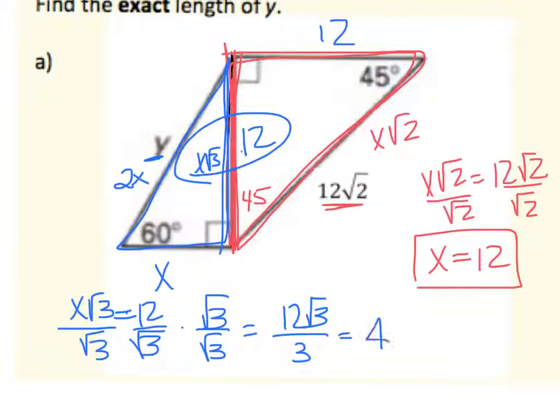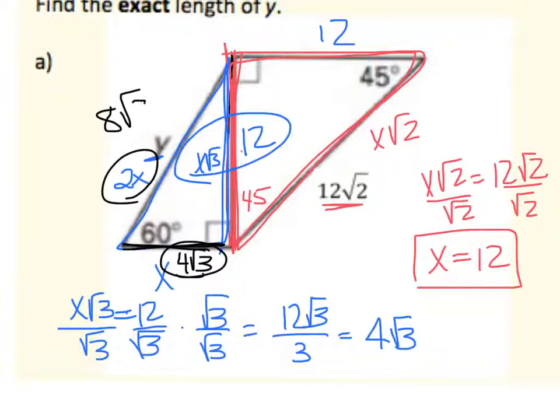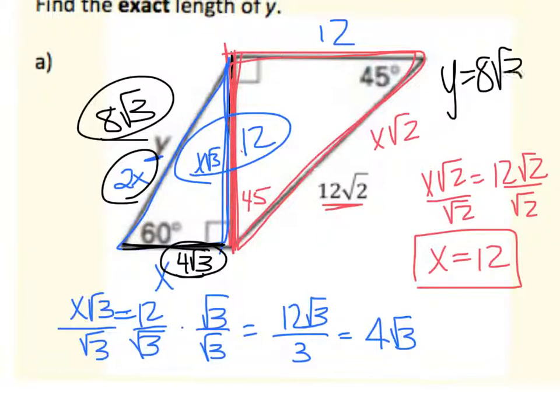That's going to equal 4 root 3. So this bottom side is going to be 4 root 3, and this hypotenuse is going to be 2 times that, so 8 root 3. Which means y equals 8 root 3.